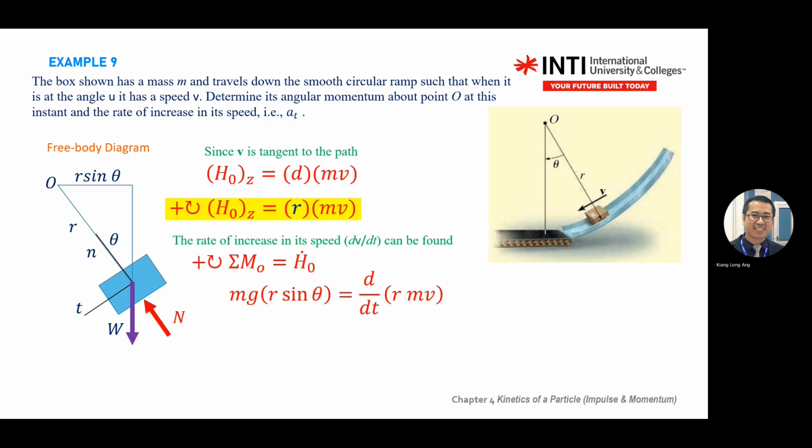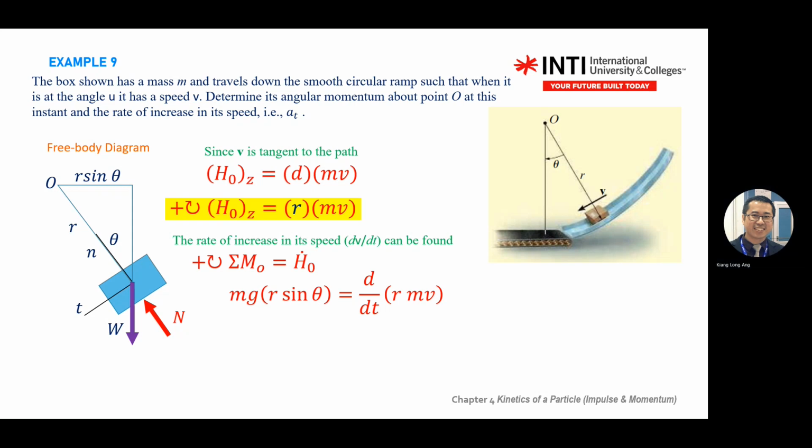W. Oh, correct. Means that the W here is on the normal x-axis. If you break this one to, no, it should be correct.